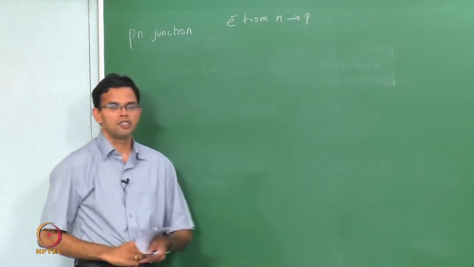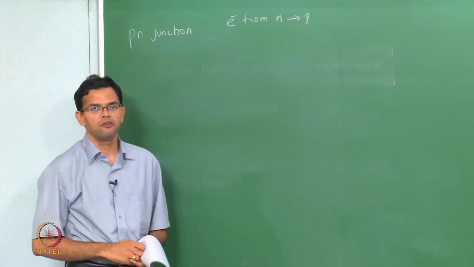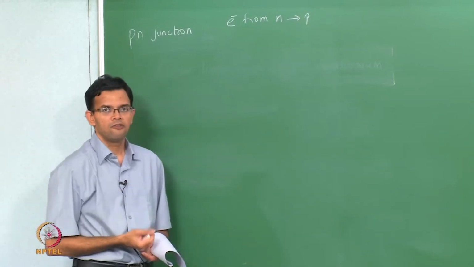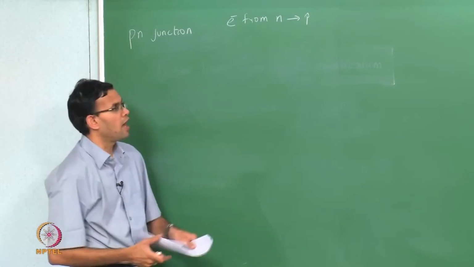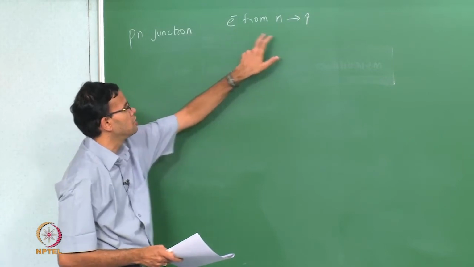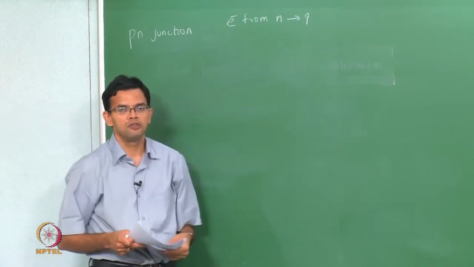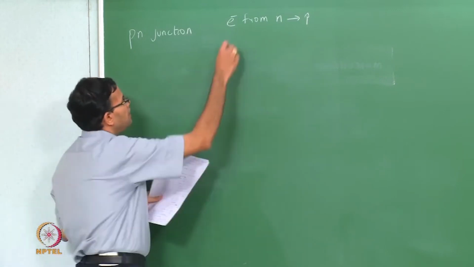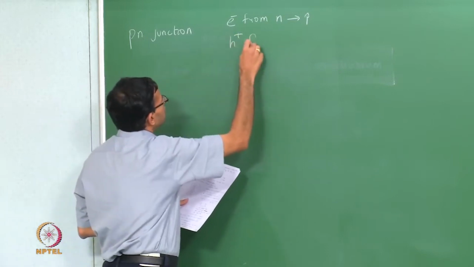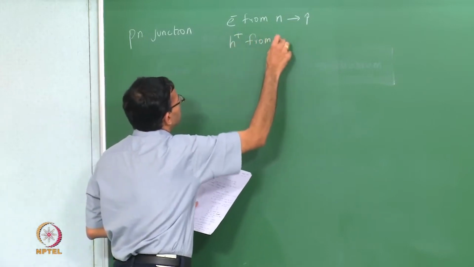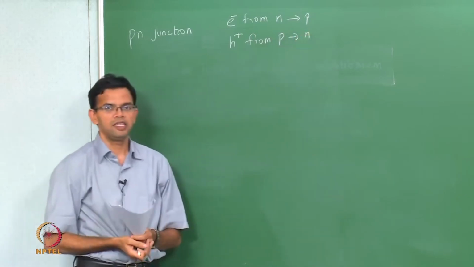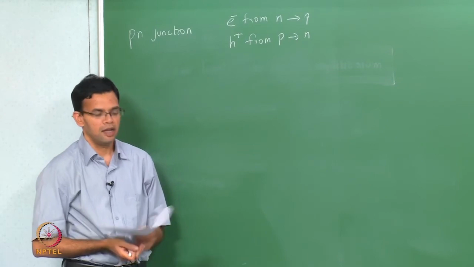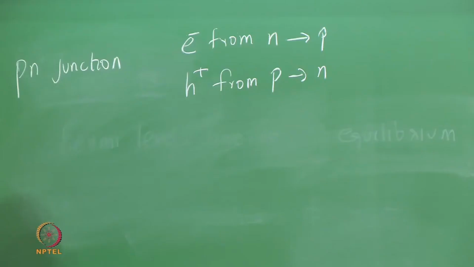We can think of this in terms of diffusion, where diffusion usually occurs from a higher concentration to a lower concentration. So, the higher concentration of electrons is on the n side and this moves into p. Similarly, we have holes which move from the p side to the n side, and when these meet, they recombine and form a depletion region.